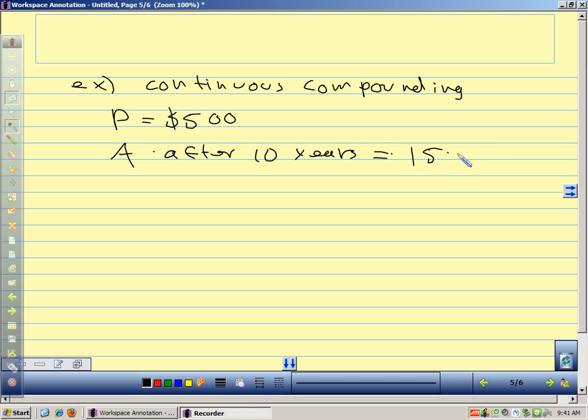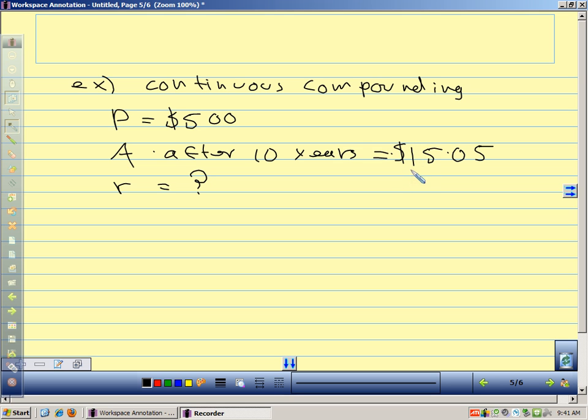And our amount after 10 years is $1,505. We want to figure out what was our interest rate. If we start with $500 and after 10 years we want $1,505, what interest rate do we have to invest our money at in order for that to happen?